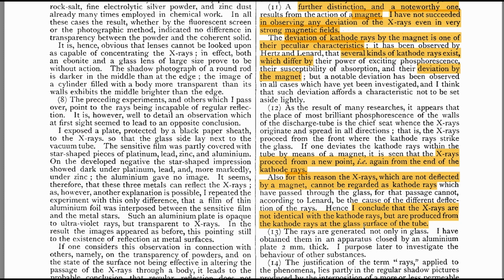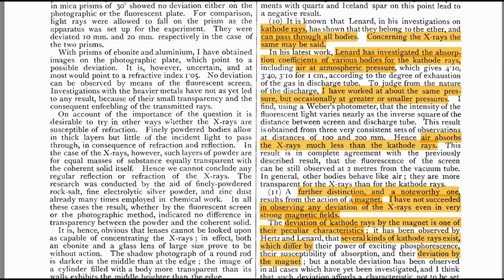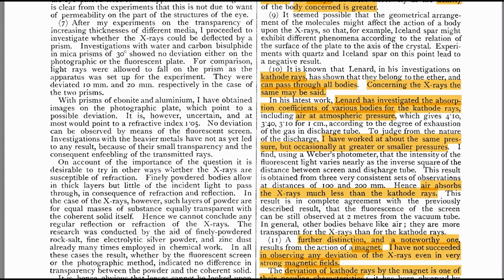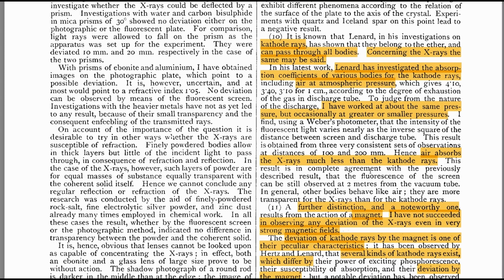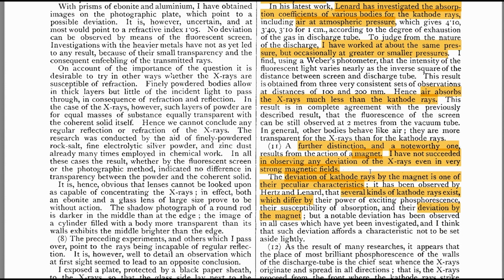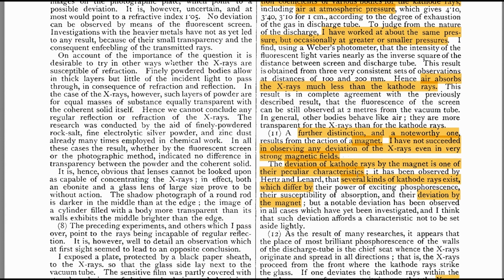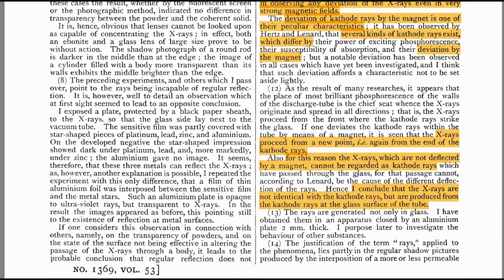So here, Röntgen concludes with three distinct characteristics of cathode rays and X-rays. The first one was the different absorption rate of different mediums for X-rays and cathode rays, the second one was the distinction of the kinds of rays with magnets and magnetic fields, and the third one was how X-rays actually begin, spreading in all directions from the point where cathode rays are hitting the glass.